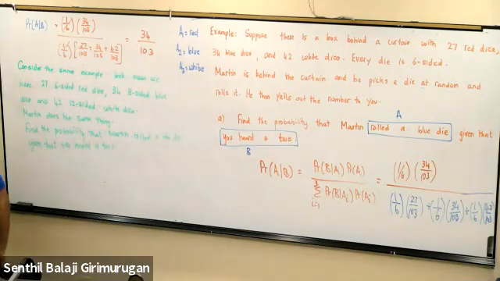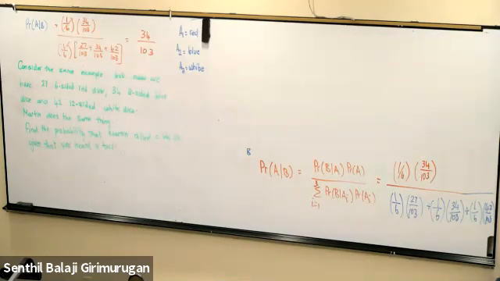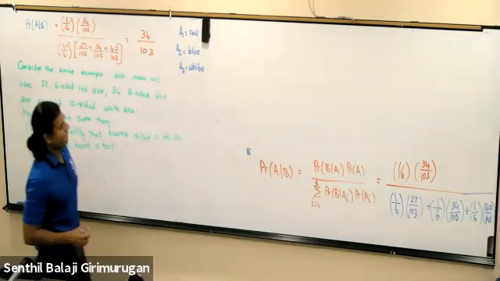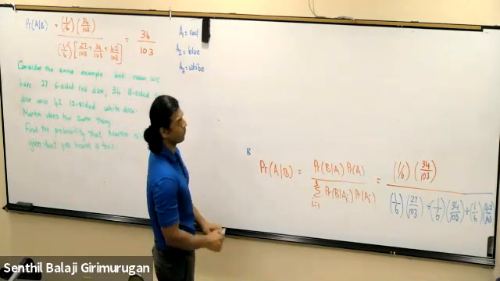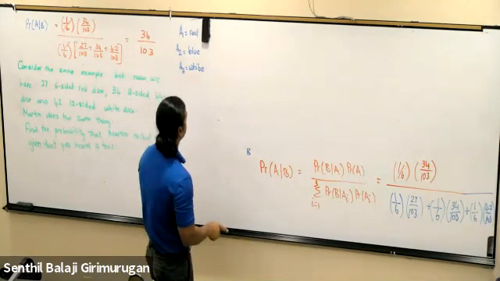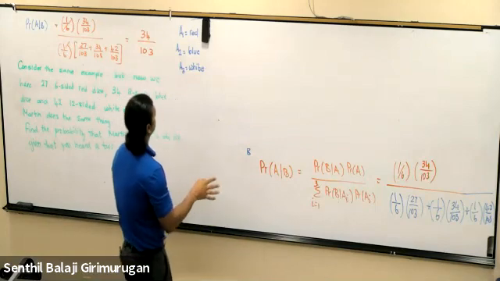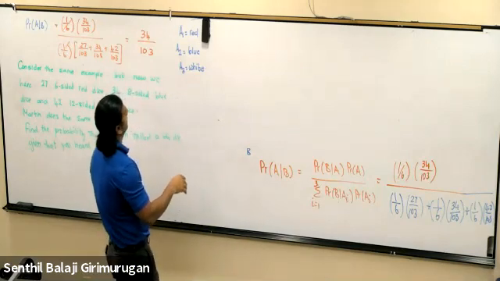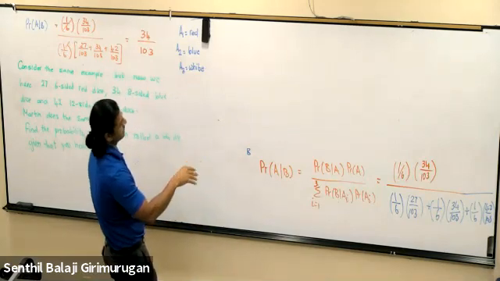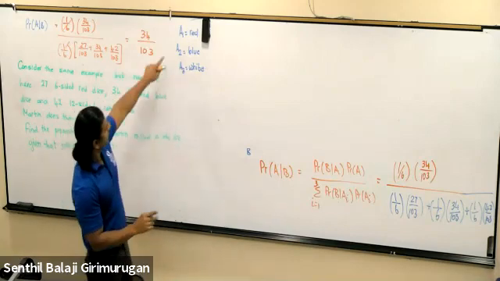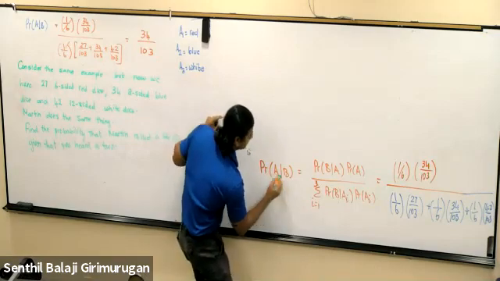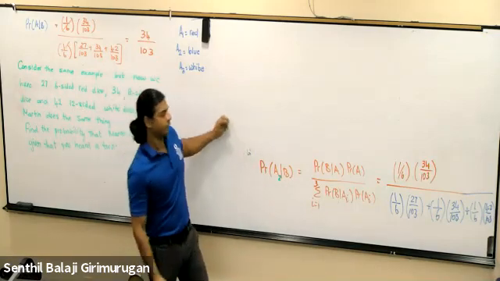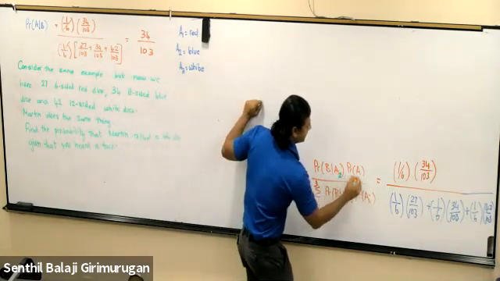Give it a try. So pretty much the same process, but what will change in this case? Well, I want to be very specific. I'm looking for the probability of A2.